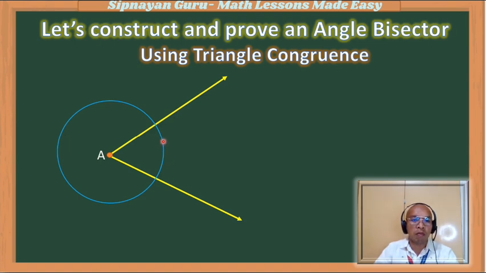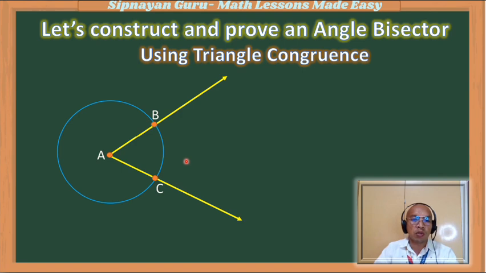If we don't have a compass, we will draw a circle such that this point, the vertex, would be the center of this circle. By definition, the radii of the circle are equal. So therefore, this point here, point B, is equal to the point here, which is point C, because these two segments, AB and AC, are the radii of this circle A.